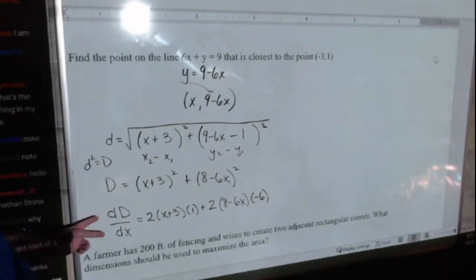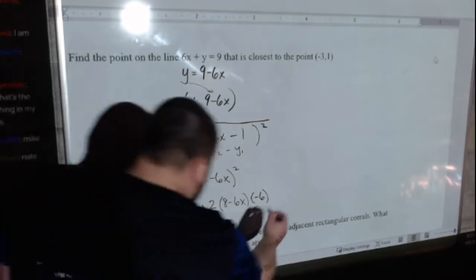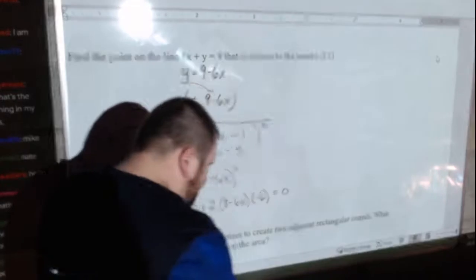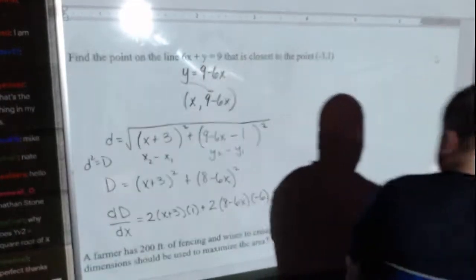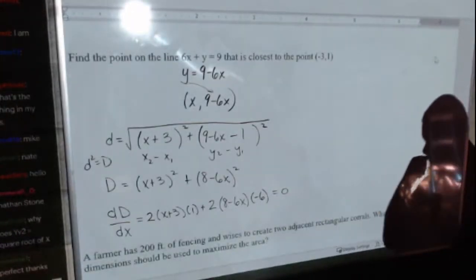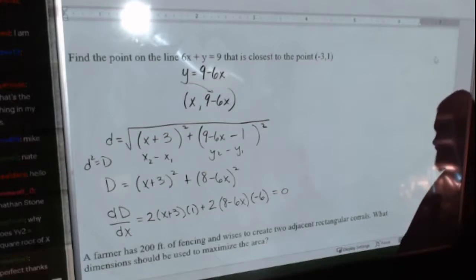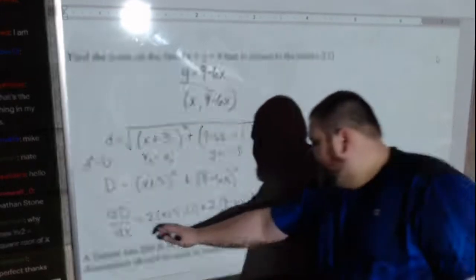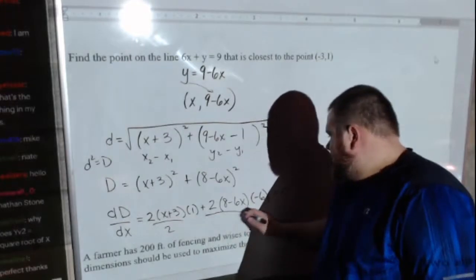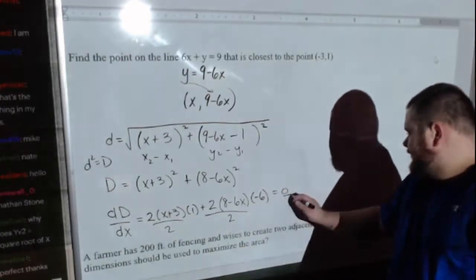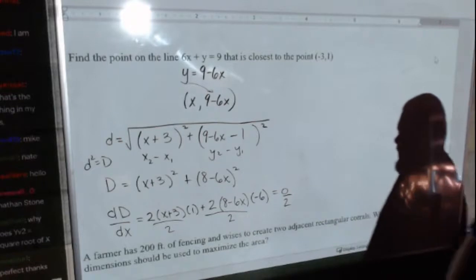And then the last thing is, in order to maximize or minimize, this has to be equal to 0. So we now need to solve that. First thing I notice is everything's got a 2 in front of it. So if I were to divide everything by 2, that would just go away.